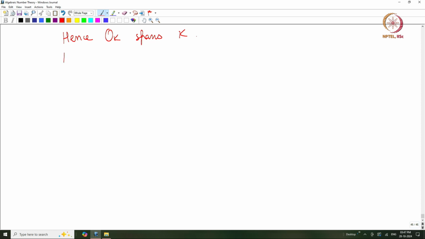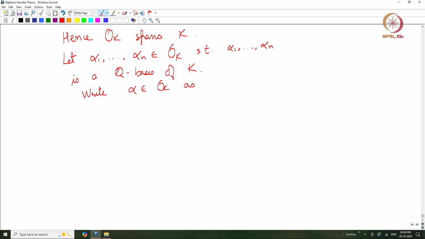So, what you do is, now I choose elements in O_K such that alpha_1 up to alpha_n is a Q-basis of K. In particular I can write any alpha in O_K as alpha equals l_1 alpha_1 plus so on up to l_n alpha_n for some l_1 up to l_n in Q. I do not know whether they are integers or not, they need not be integers in general. They are just rational numbers.